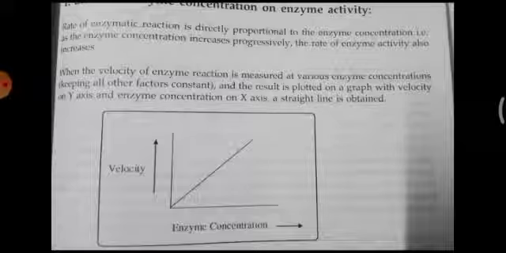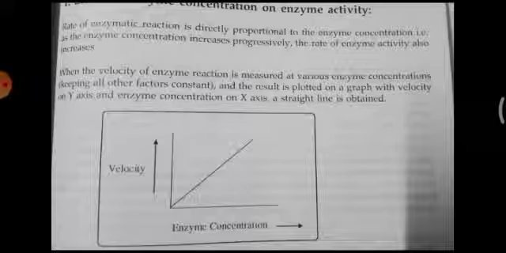If you give particular values for enzyme concentration like 5, 10, 15, 20, and for the velocity, values like 10, 20, 30, 40 on the y-axis, and plot a graph, you will get a graph which shows an increasing manner.